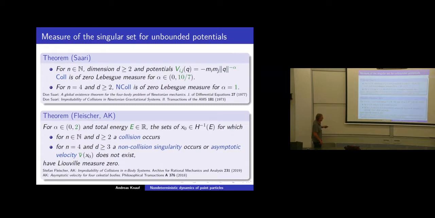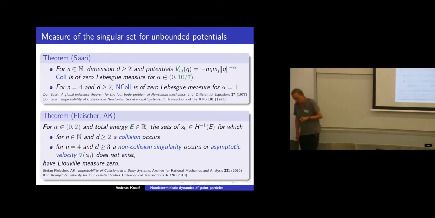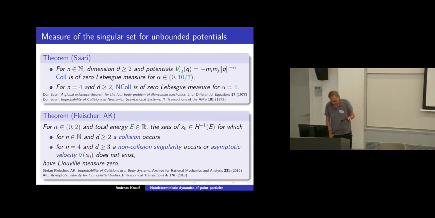And also in this case, this asymptotic velocity exists almost everywhere in your energy surface. But still, there's a large gap between n equal 4 and n equal 5, and this is completely open, and this is a complicated question.